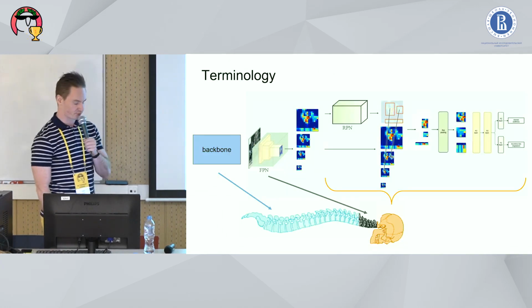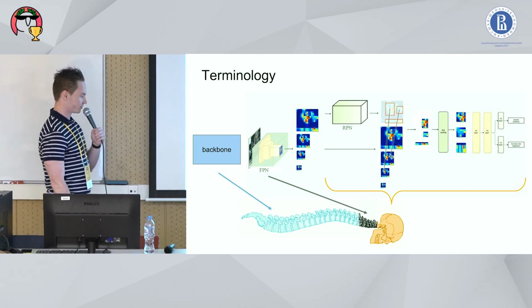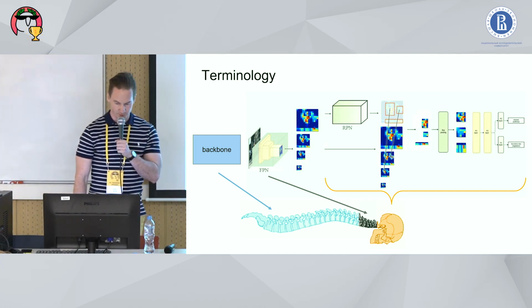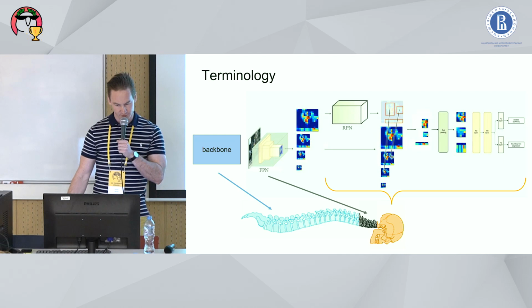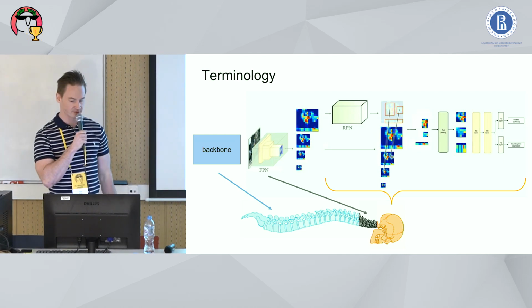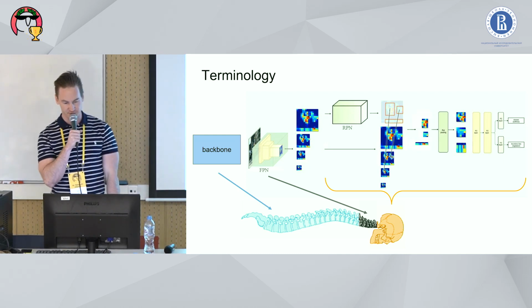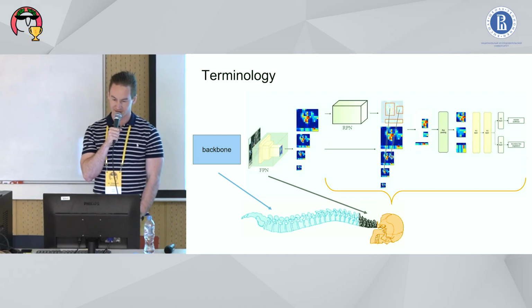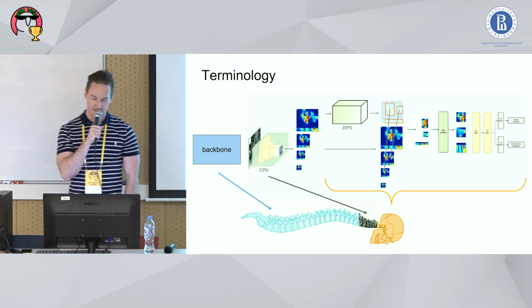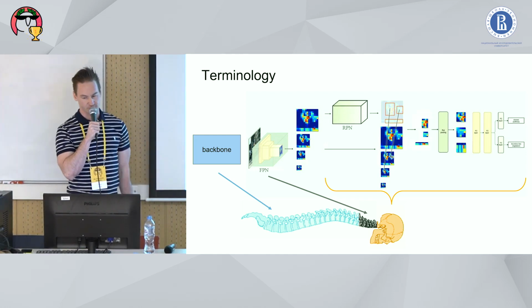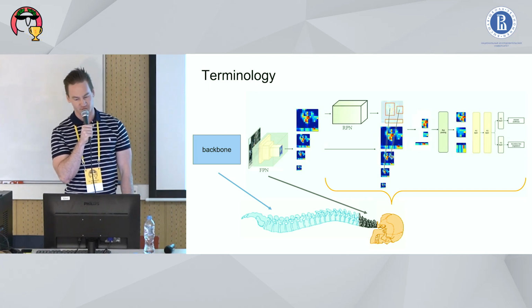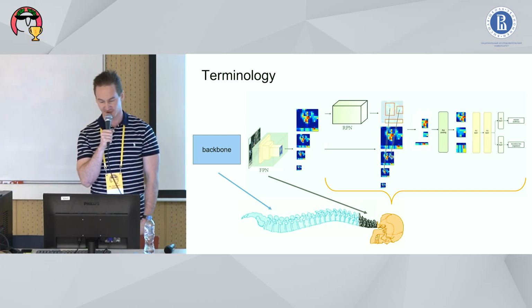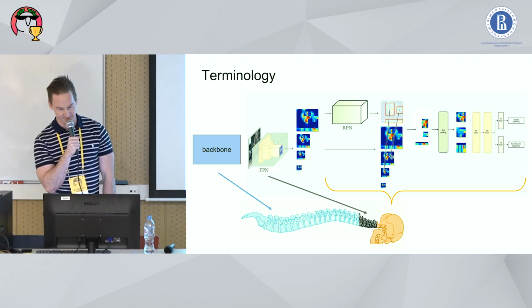So in terms of terminology from ML detection, the backbone is called the backbone because it has a lot of convolutions inside of it. The feature pyramid network is called the neck for some reason, and the rest of the parts are called heads. It looks like head, neck, and backbone, obviously.